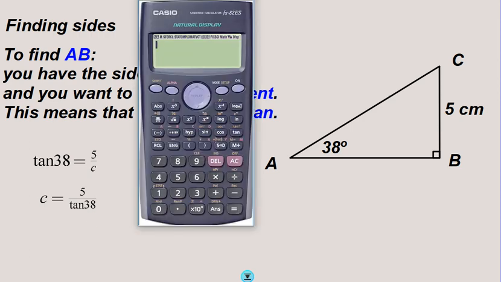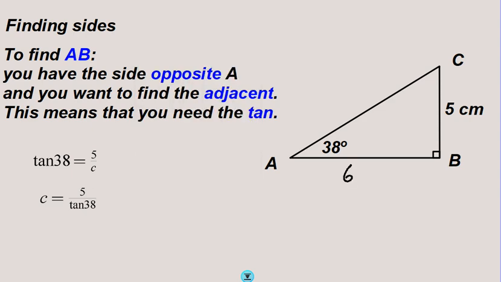And now we go to the calculator. 5 divided by tan 38 equals 6.3997. So let's say this is approximately equal to 6.40 centimeters to 3 significant figures.